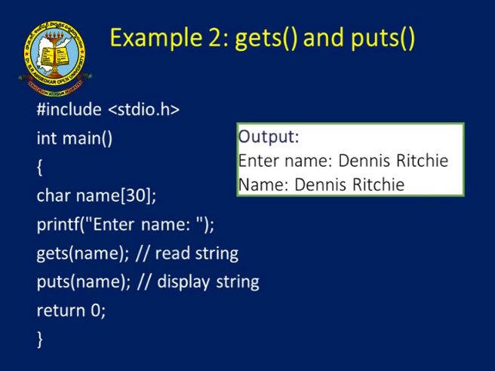We are trying to get the strings with the help of the gets function. Within the parenthesis, we need to write the variable name in which you want to store that string value. If you observe this gets statement, within the parenthesis we have the variable name, and the value that you enter at runtime will be stored in the variable name.